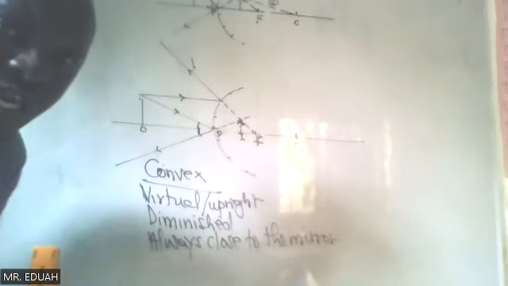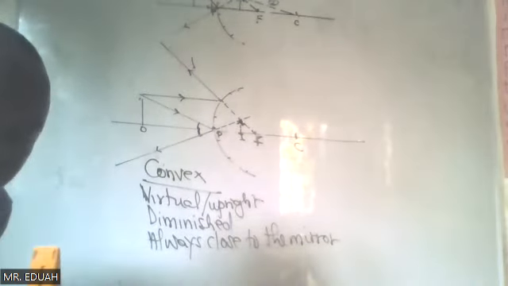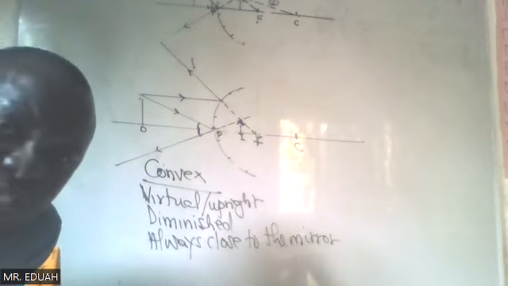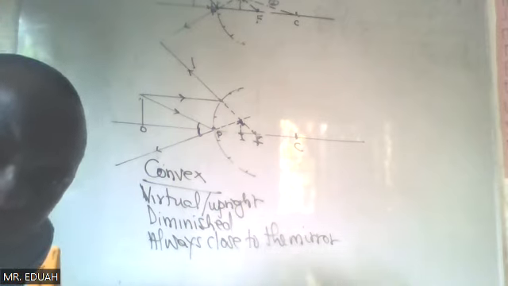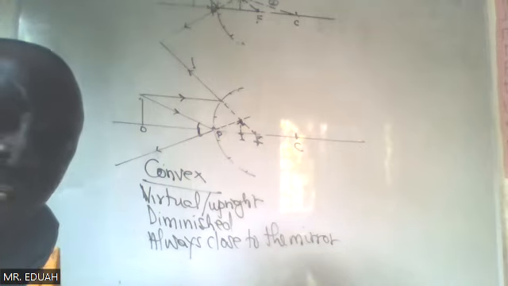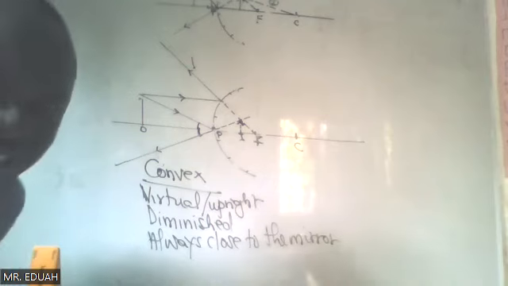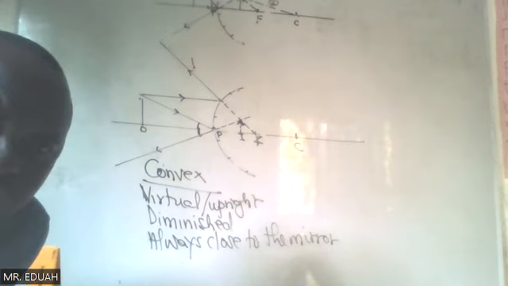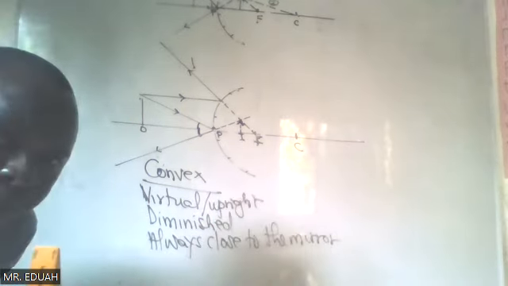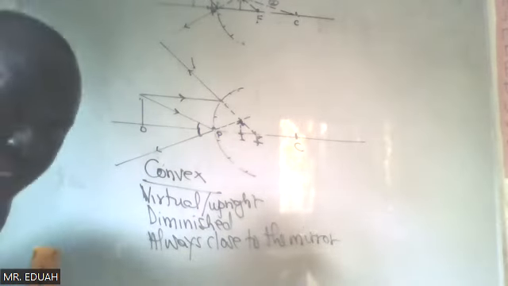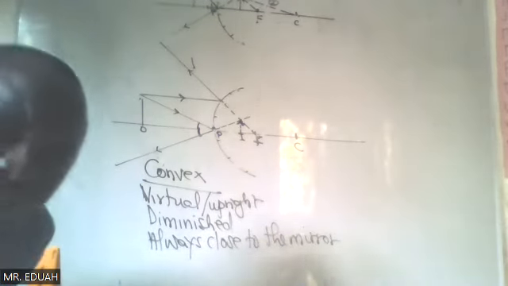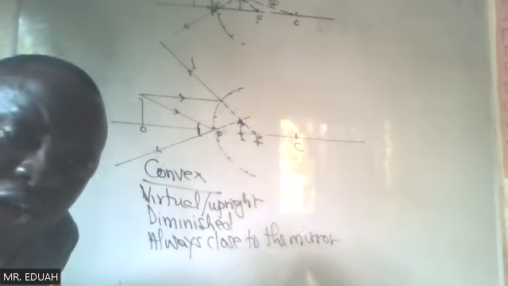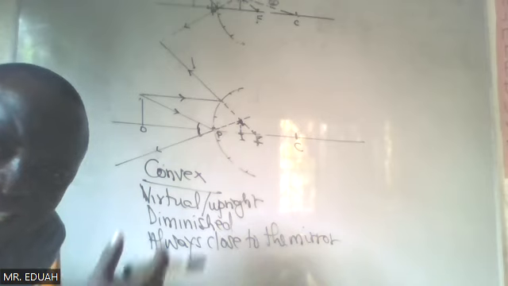That is why in divergent mirrors, it is written that objects you see in the mirror are always closer than they actually are. That is why we have that inscription written on mirrors used as side view and head view mirrors, because the image formed is always closer to the mirror.